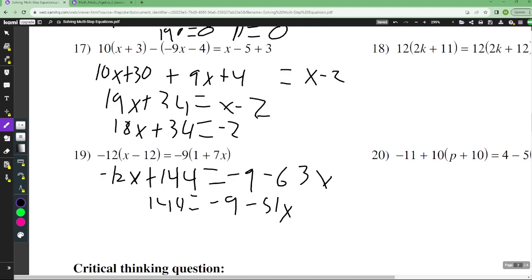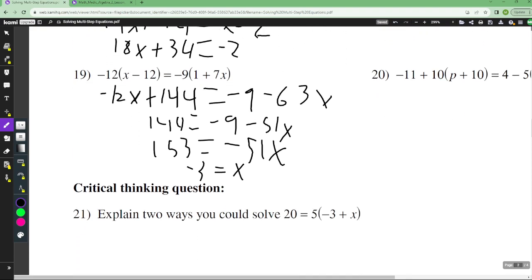Then we can add 9 to the other side, get 153 equals negative 51x. So we can just see 153 divided by negative 51, x equals negative 3. So maybe you won't need a calculator.